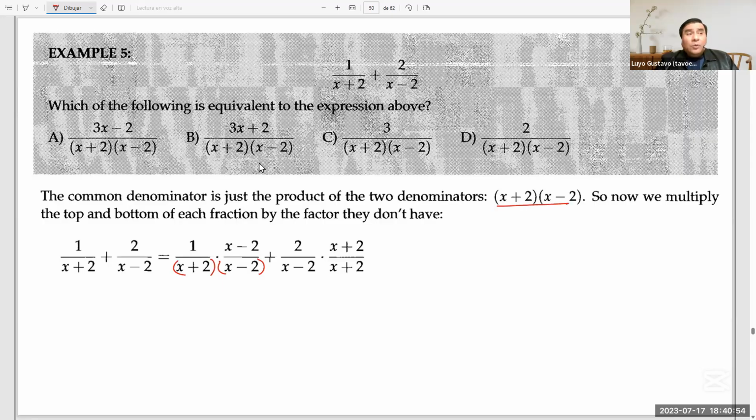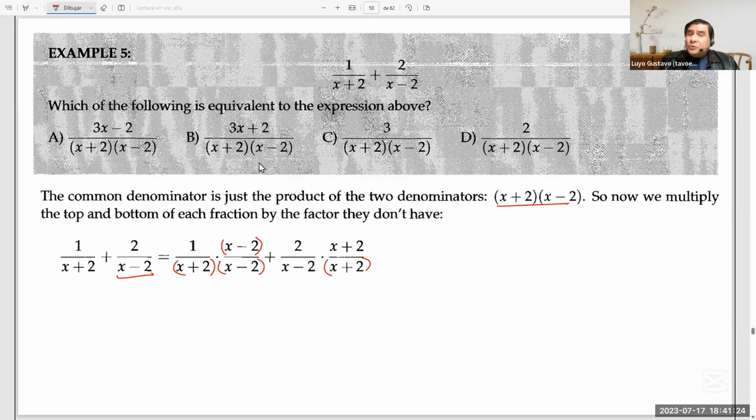So in the numerator, we need to multiply by the same factor, because multiplying 1 over x plus 2 by x minus 2 divided by the same number is like multiplying by 1, right? You are not changing the value, only changing the form of the expression in order to make it have a common denominator.